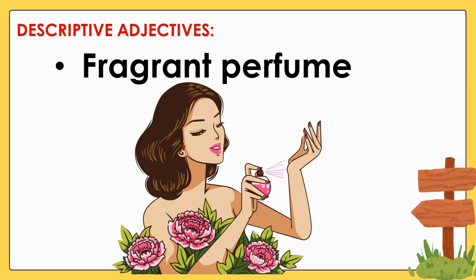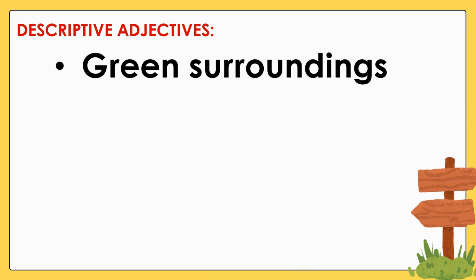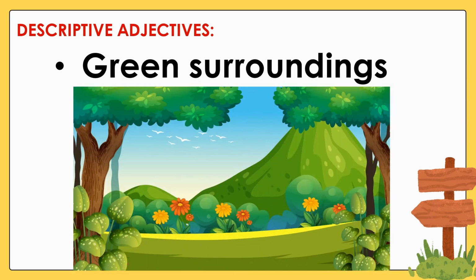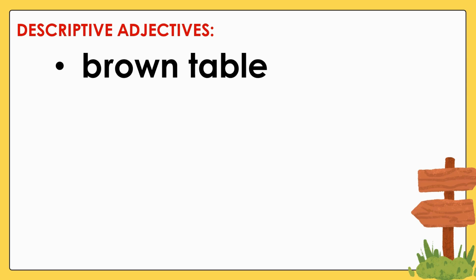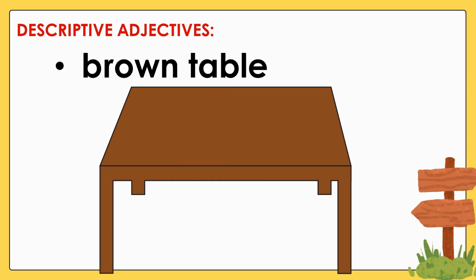Fragrant is the adjective, perfume is the noun. Next, green surroundings. Green is the adjective, surroundings is the noun. Next, we have brown table. Brown is the adjective, table is the noun.